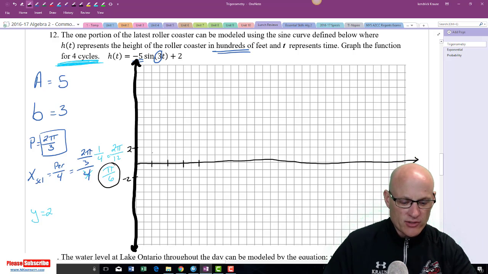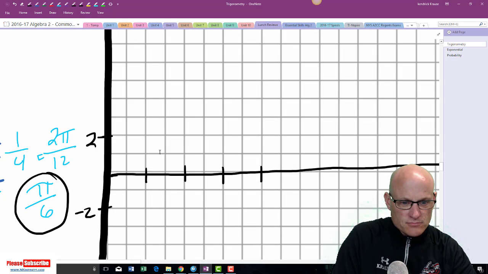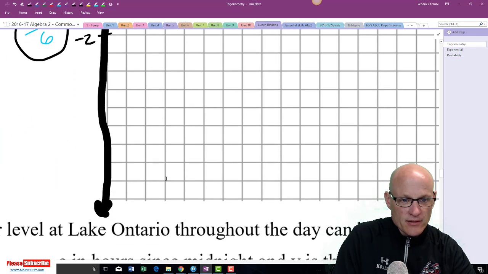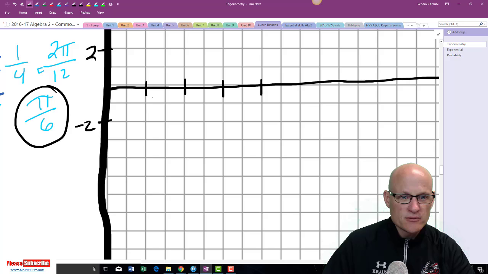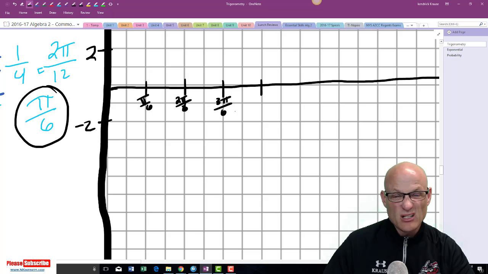So pi over 6, let me blow this up. Pi over 6. 2 pi over 6, which is really pi over 3. 3 pi over 6, which is really pi halves. And 4 pi over 6 would be the next one.